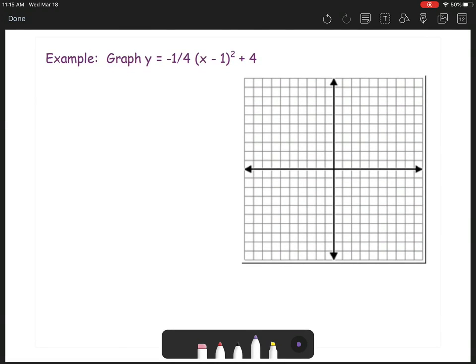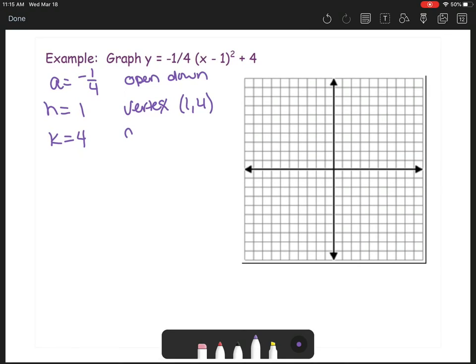All right, looking at this one, we have A as -1/4, so that's actually going to be a wider than normal parabola, and it will open down again because it's negative. H is 1, K is 4. So our vertex is 1, 4.